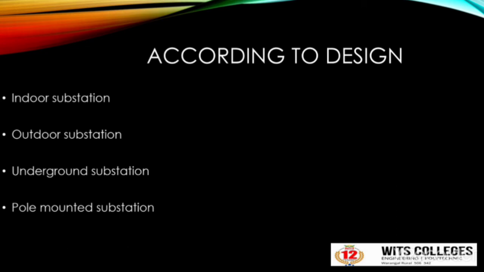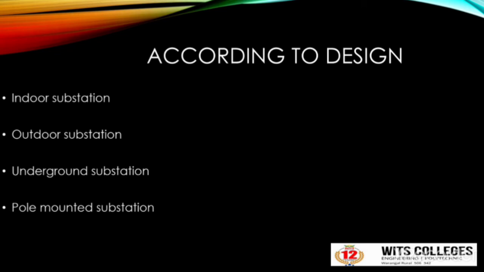A substation which is used for all voltage levels between 55 kilovolts and 765 kilovolts is called an outdoor substation. Such type of substation requires less time for construction but uses more space. The outdoor substations can be classified into two types, pole mounted substation and foundation mounted substation.